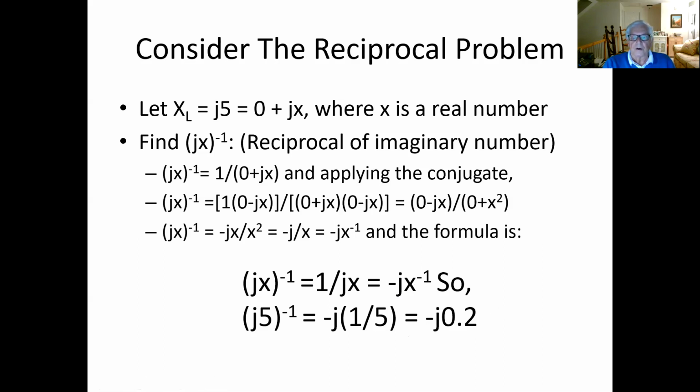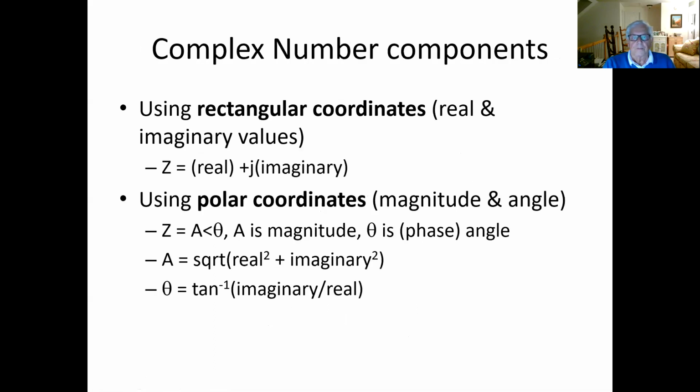So there are our different rules. What we've done so far is rectangular coordinates, which have a real part and an imaginary part. So Z is equal to real plus j times the imaginary portion. Now we're going to go from rectangular coordinates to polar coordinates.